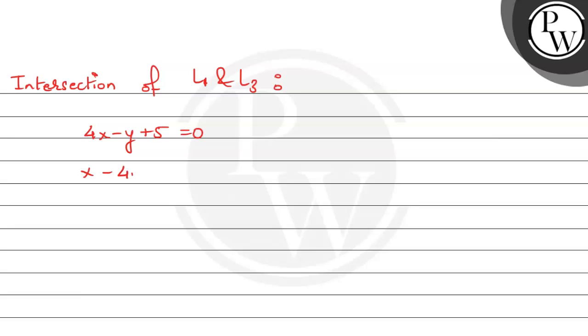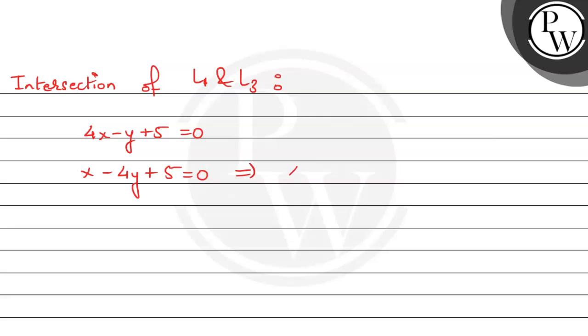First let's get the intersection of L1 and L3. The equation of L1 is 4x minus y plus 5 equals 0. The equation of L3 is x minus 4y plus 5 equals 0. Now let's multiply the equation of L3 by 4.